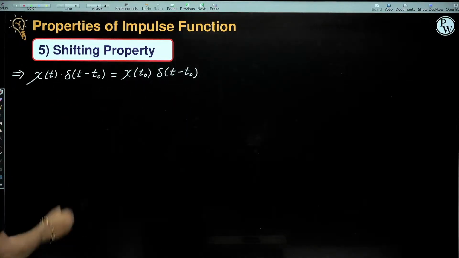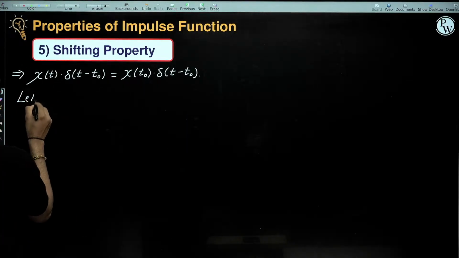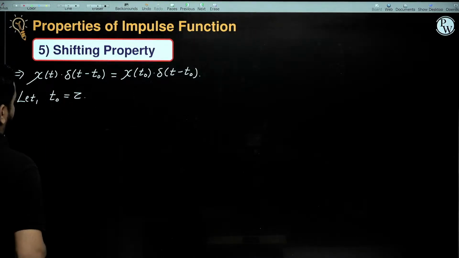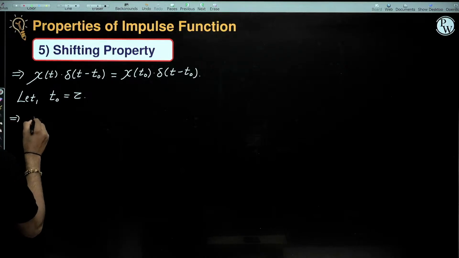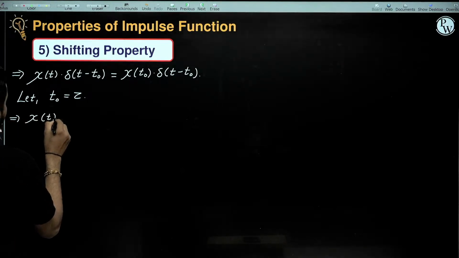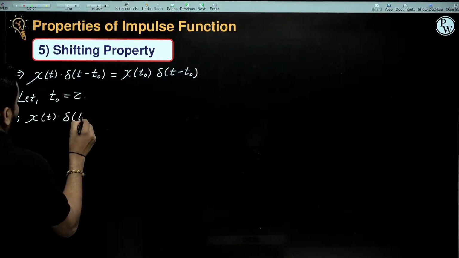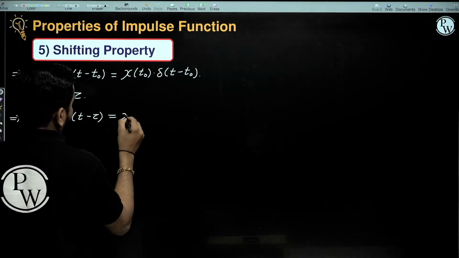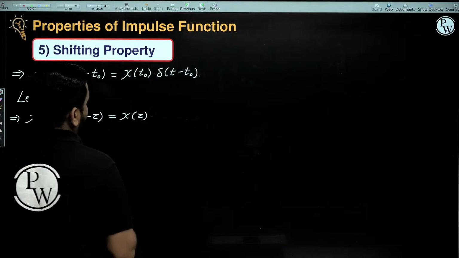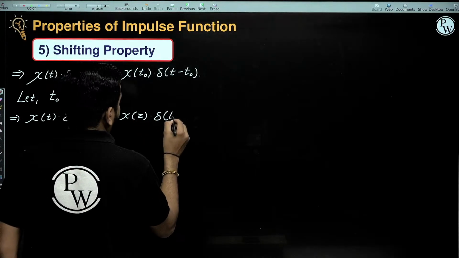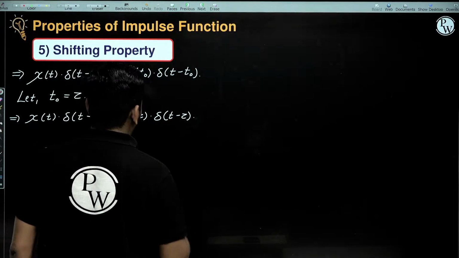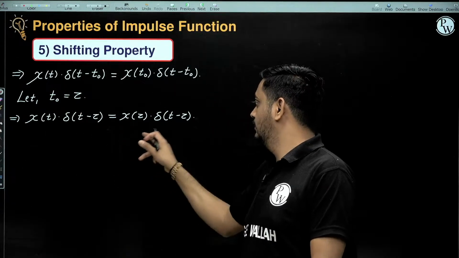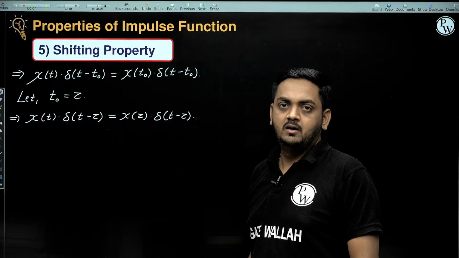Now let t naught be equal to tau. So x of t into del t minus tau is equal to x of tau into del t minus tau. Now integrate on both sides with respect to tau.